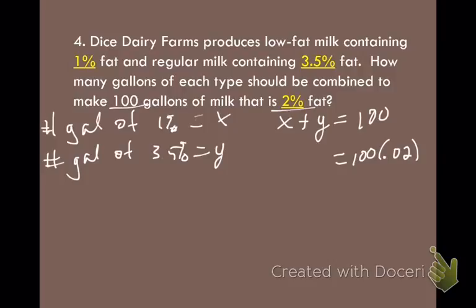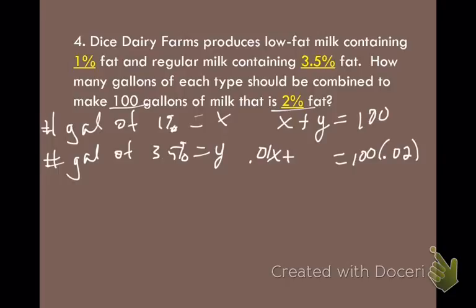Okay? Well, the same thing for the x and the y. The x being the 1% milk, x is the number of gallons. To find out how much fat is going to be in that collection of milk, I've got to take the amount of gallons, which is x, and multiply it by its fat percent, which is 0.01. That will tell me how much fat is in that collection of milk.